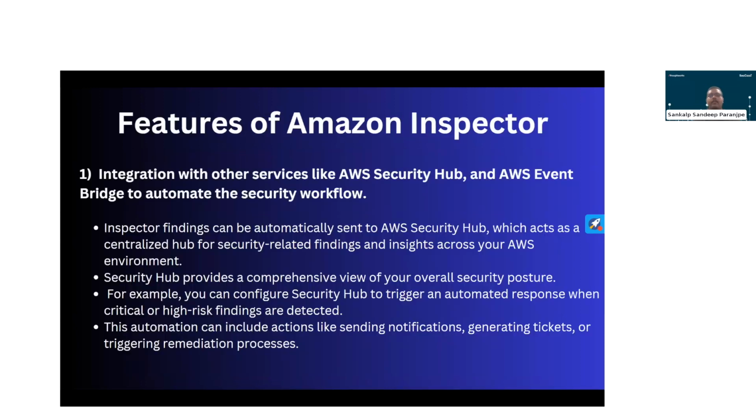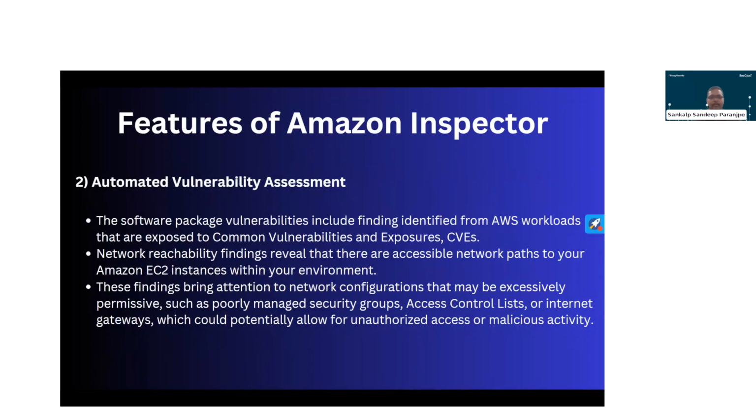Then a few of the features it integrates: it integrates with Security Hub or EventBridge to automate security. Then automated vulnerability assessment. There may be some CVEs or critical vulnerabilities in your environment or in the container environment, and it tries to identify those findings.